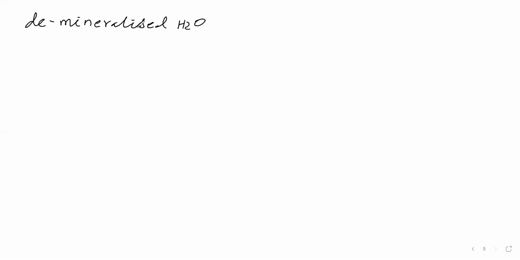Where is this distilled water used? Mainly in the thermal power station and atomic power station, where water is converted into steam. There this demineralized water is used, not ordinary water. Even soft water is not used.